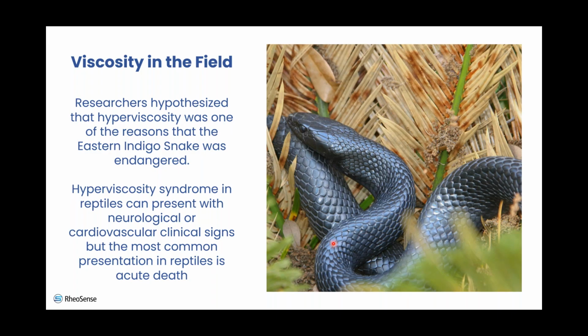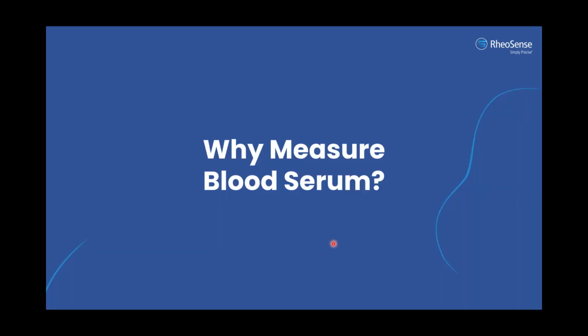Now he's working to compile enough data to find their ideal blood viscosity. Knowing this baseline, they can continue research to determine how widespread hyperviscosity is and look into potential causes of this hyperviscosity in the snakes. It's pretty cool stuff on how relevant blood viscosity is for multiple applications.